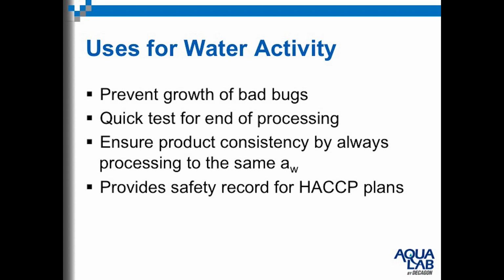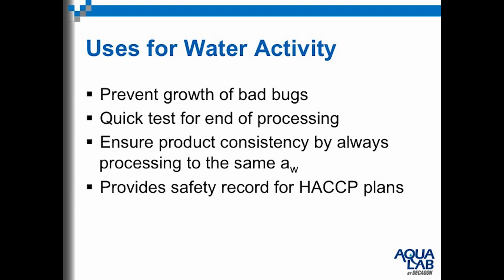By measuring water activity, you have a record of evidence that your critical control point of dehydration or lowering water activity is being used effectively. That's the way you verify it, through measurement of water activity.